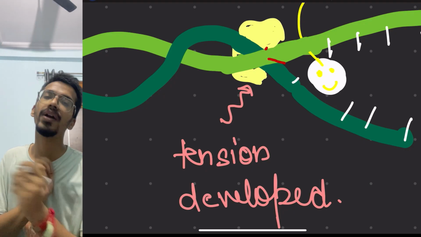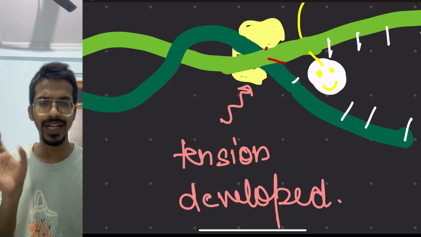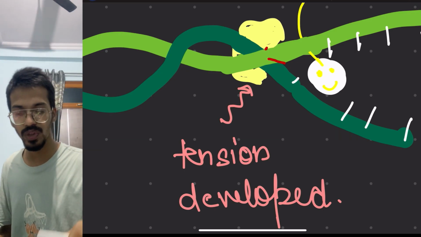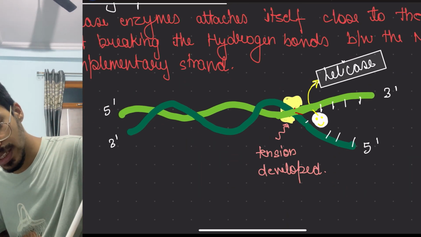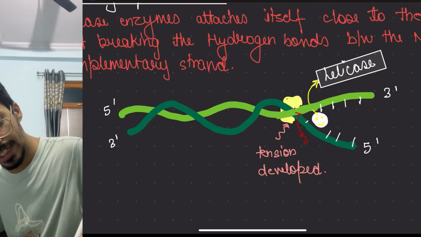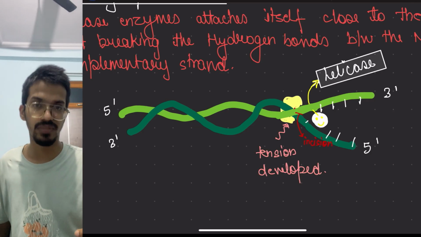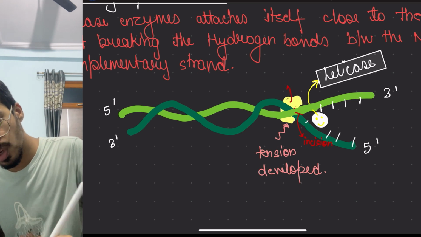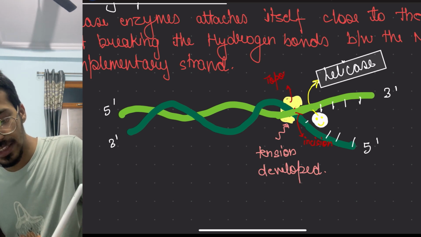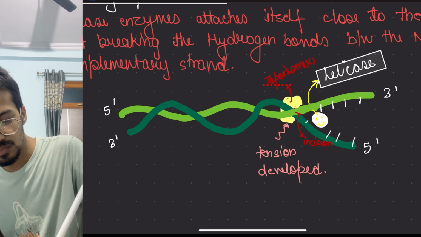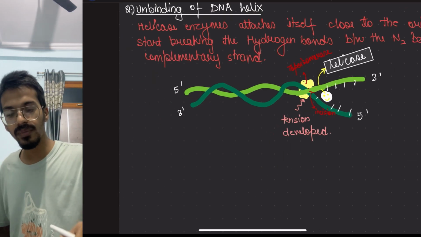It can open up further, not a complete breakup, only a little bit of bond breakage. This is the incision given. Incision is a certain kind of cut on the surface or on the structure. And this enzyme is topoisomerase.